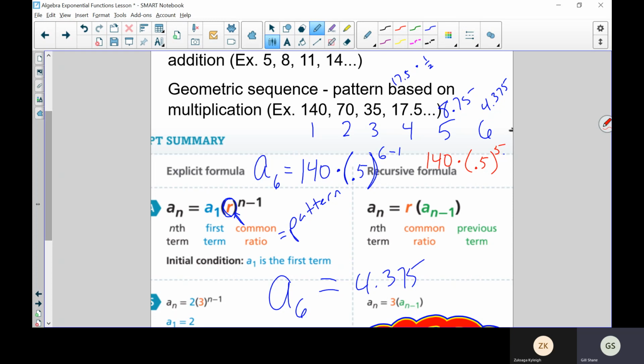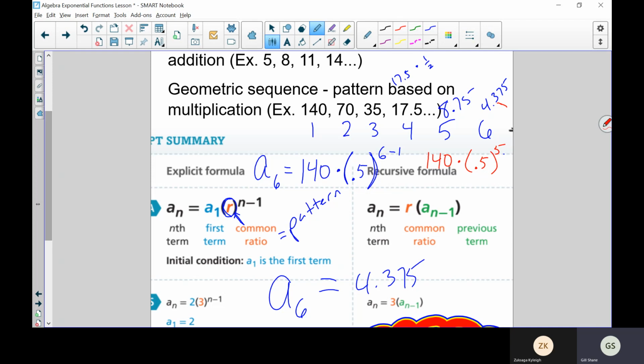Is it point something? Well, now this part is point something, but then you've got to multiply it times 140. Try it again. 0.315. Times 140? 4.375. They better come out to be the same number.